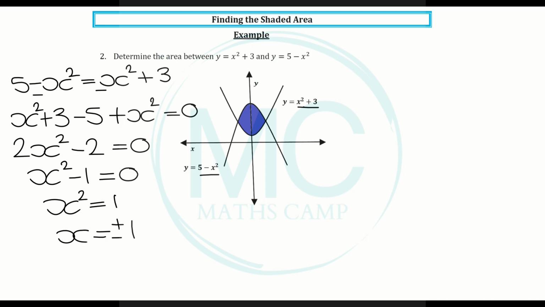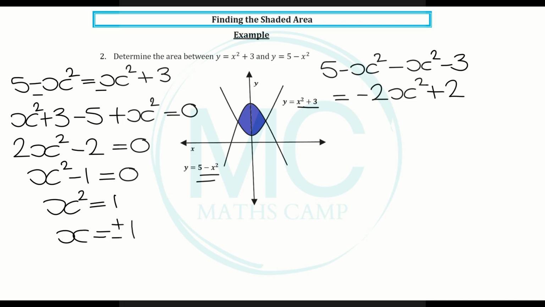Now we need to subtract the equation of the lower curve from the equation of the higher one. Our higher curve, 5 minus x squared, I can say 5 minus x squared minus x squared minus 3 is equal to -x squared minus x squared gives us -2x squared plus 2.